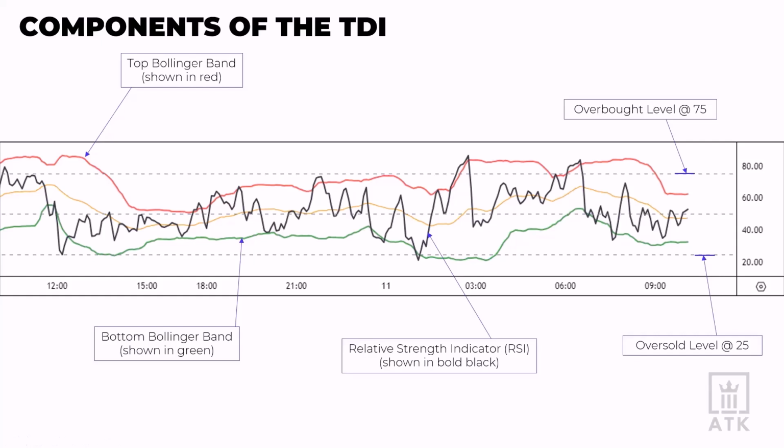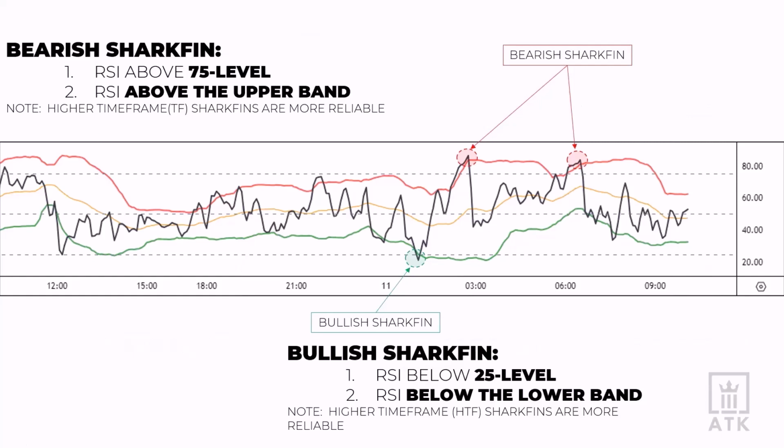All right, now let's build on top of this. What this produces is what we call shark fins. Just imagine the ocean and imagine a shark fin coming out of the water. On the top, we have the red Bollinger Band.